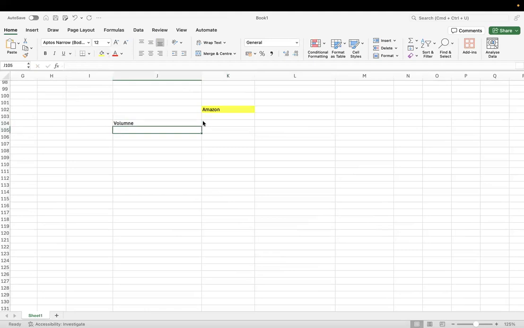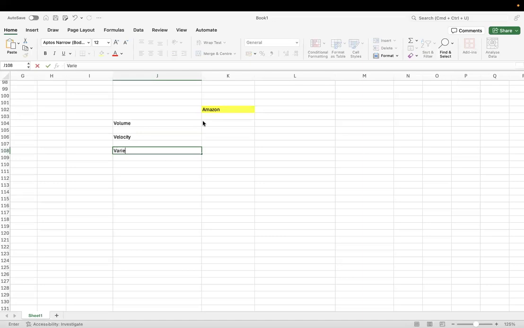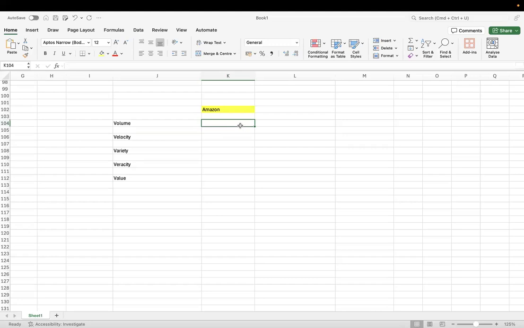One is volume. Then we talked about velocity. Then variety. Then veracity. Then value.